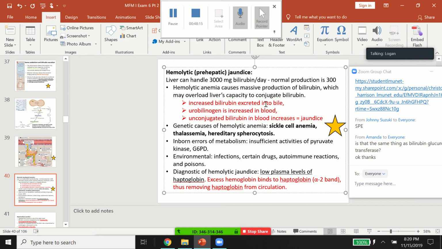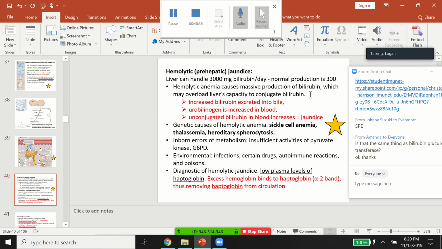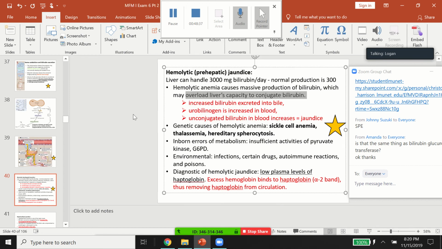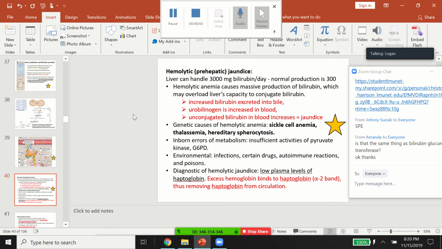In that case, you're going to have increased bilirubin excreted into the bile, urobilinogen increased in the blood, and unconjugated bilirubin increased in the blood. That's what causes your jaundice. It's because of that unconjugated bilirubin, since it overloads the liver's capacity to form conjugated bilirubin. So you get a ton of unconjugated bilirubin, and therefore you get that jaundice.